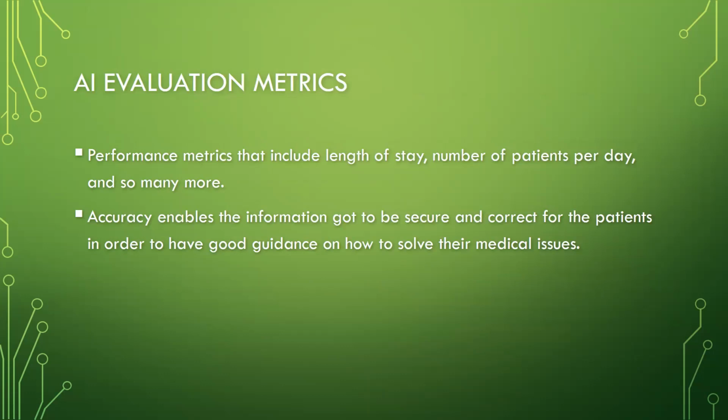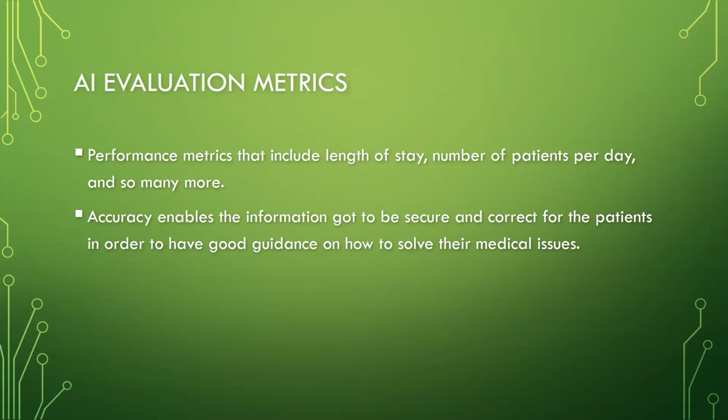Then, as I said before, evaluation metrics. I shall begin first with the performance metrics, which are broken down into very many, countless parts, but I put a few just for you to understand a little bit about it. They include length of stay and number of patients per day. For example, if I have 5 patients a day being recorded, it shows how the system is performing.